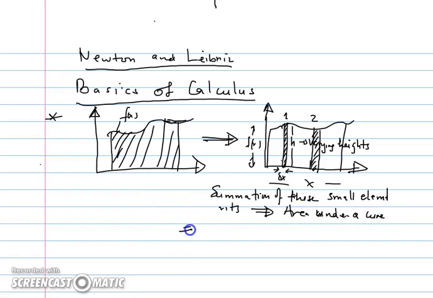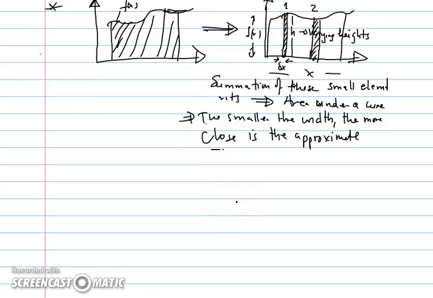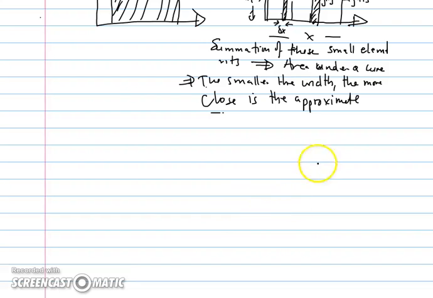The smaller the width, the closer the approximate area is to the true area.